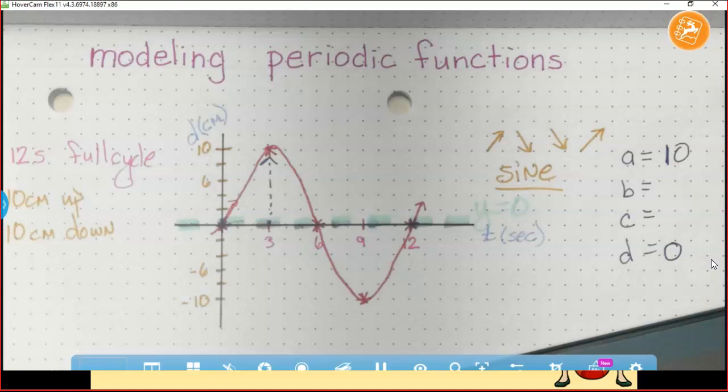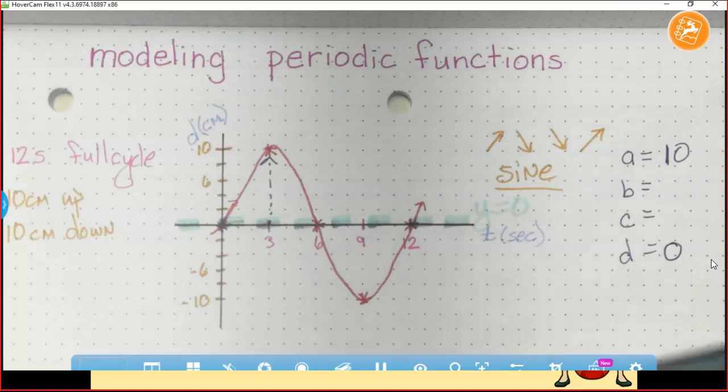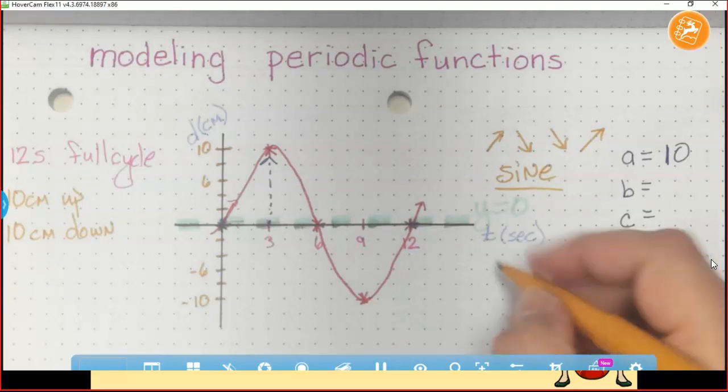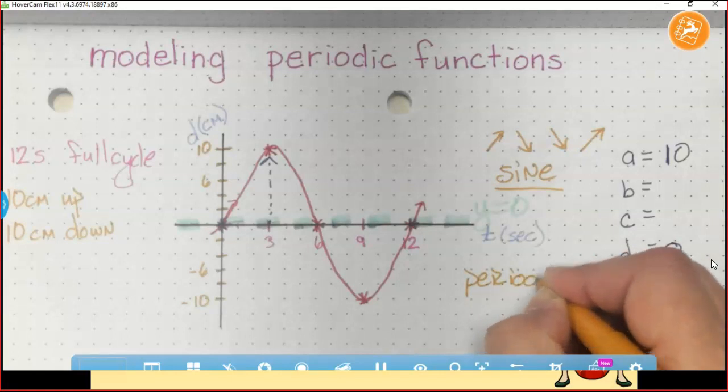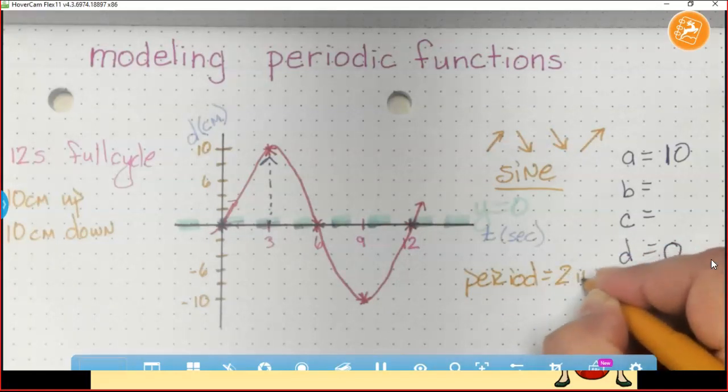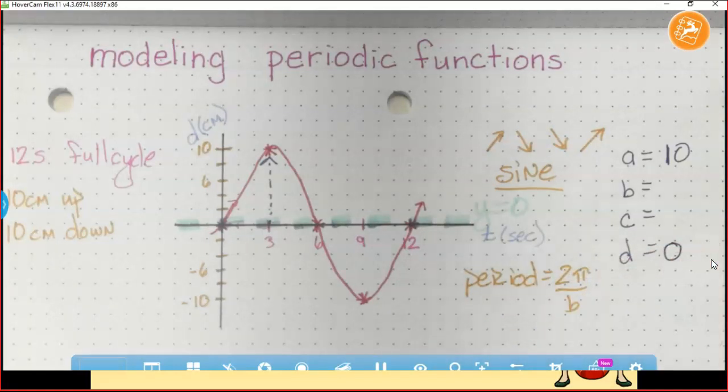Now, B I find from the period of the function. Remember, when I have a graph, I can see the period, but I cannot find out what B is until I do a little bit of mathiness. My formula is the period equals 2 pi over B. I don't know B, but I do know the period.